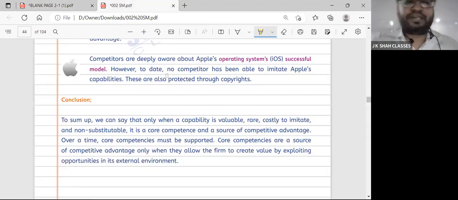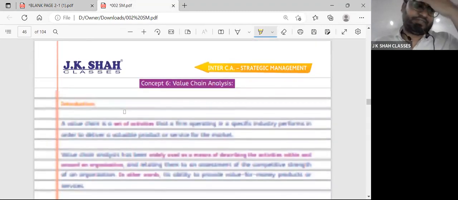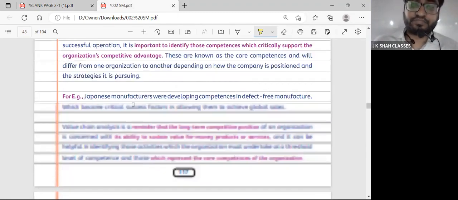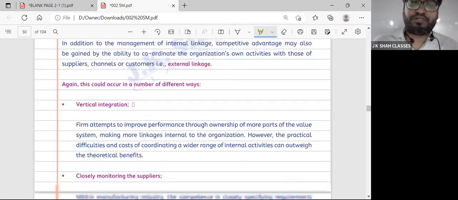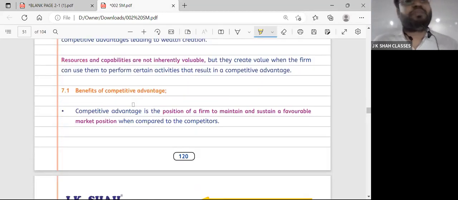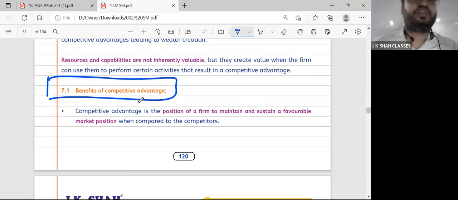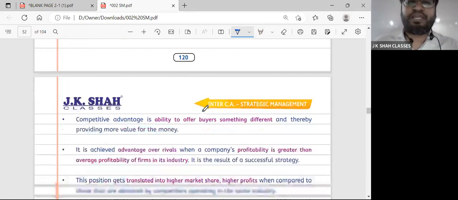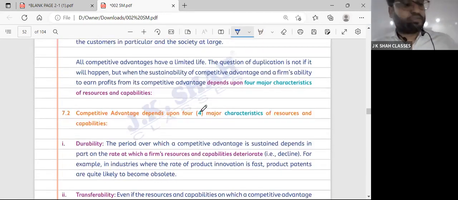Come to this part, competitive advantage, page number 7.1. Please do it by yourself. I know you will be able to do this. If you read, you will be able to understand. If you have doubts, ask me tomorrow before the lecture, after the lecture, or in the break. I don't mind. But do read that.